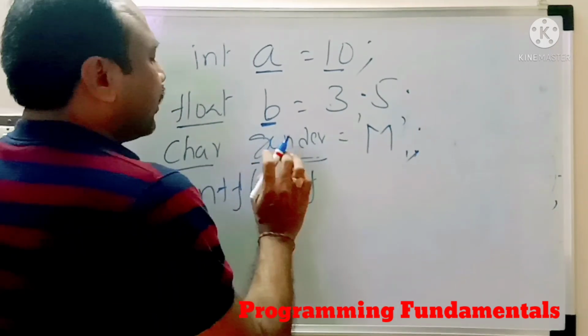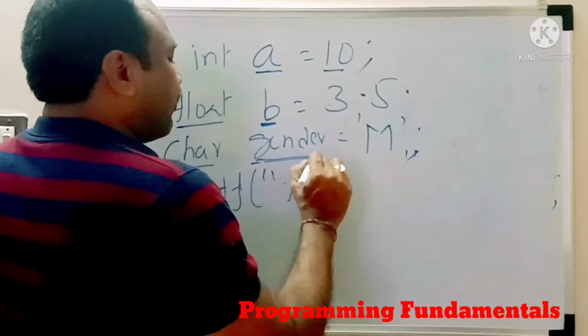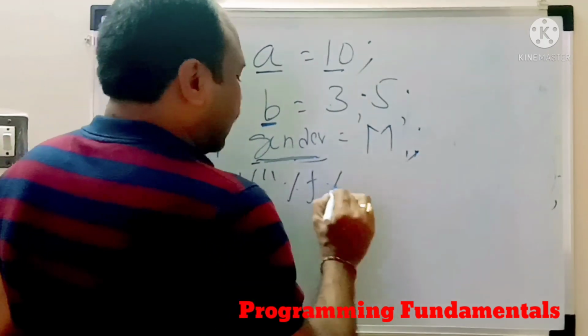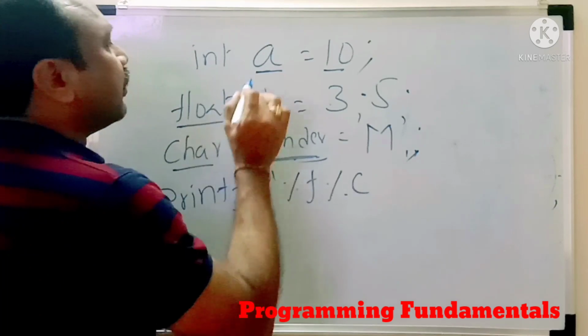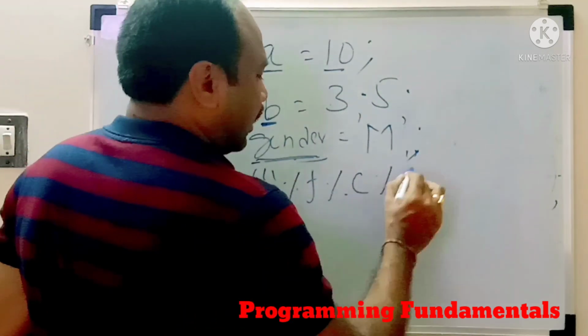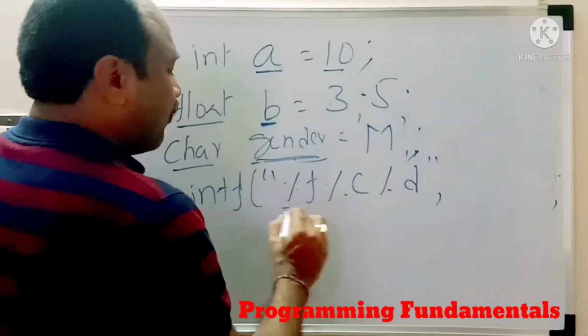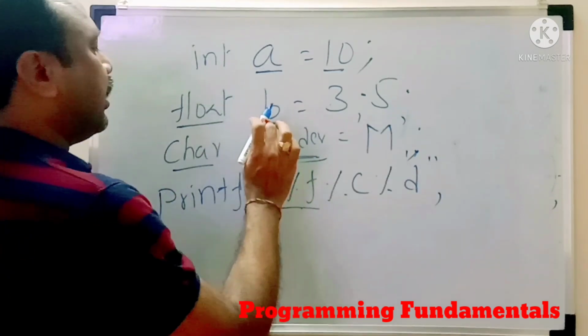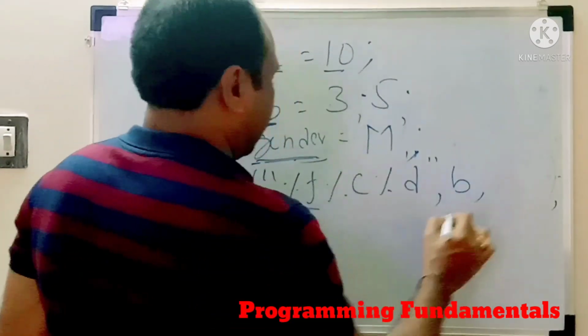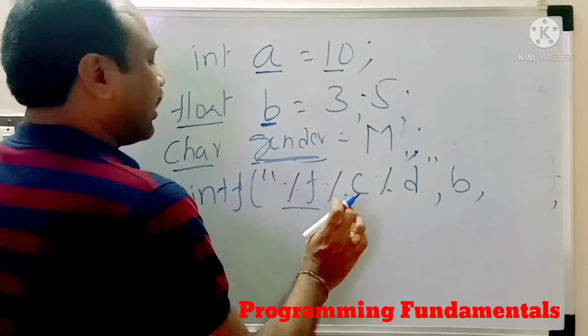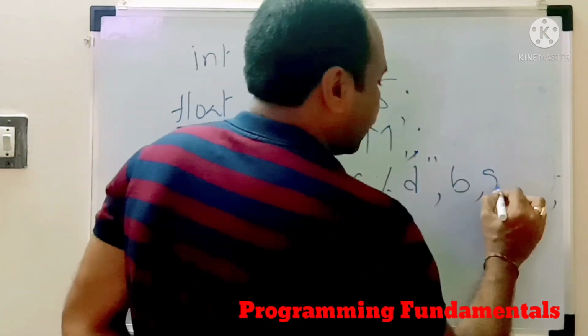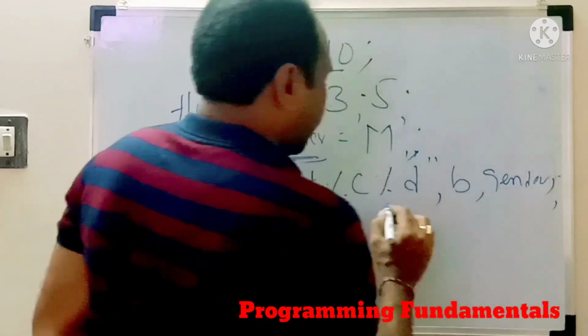Next I will print the char value, the gender value. Gender is what type? Char type. To print char, use %c. Next I will print the integer value. Use %d. Comma. Where is this float value? Under the name b, comma b. Next %c, character. Where is it? Under the name gender. Next %d, integer.